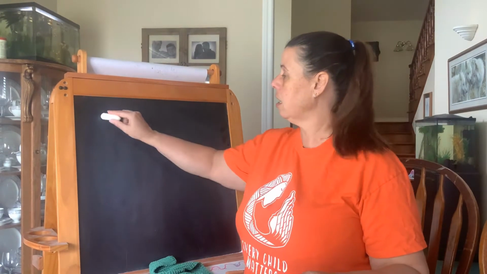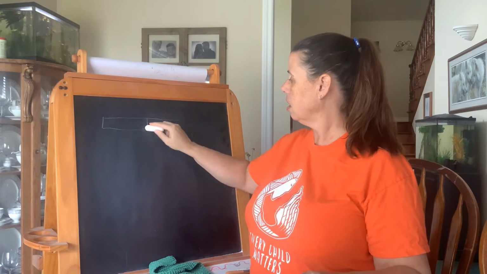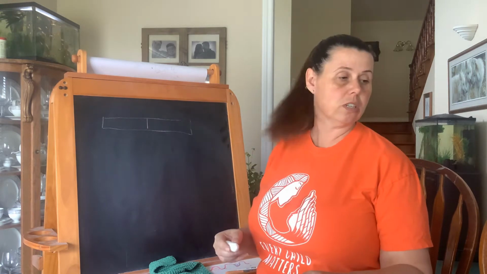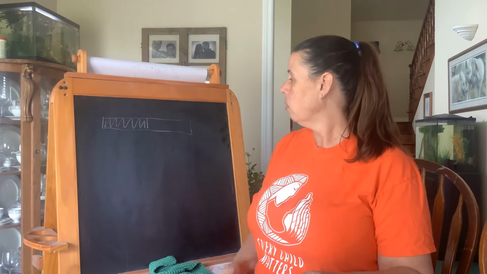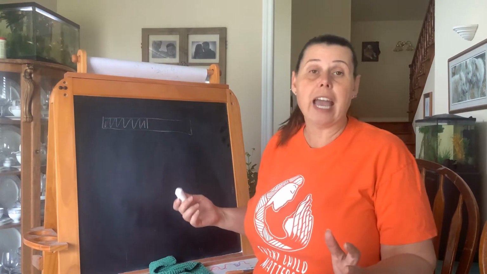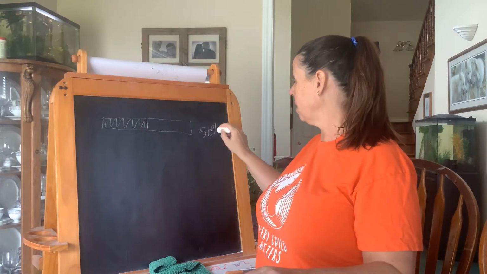So in the first one, you've got a bar. It's cut in half, and they're asking you what is shaded, right? Well, it's clearly half. So you could just write 50%.